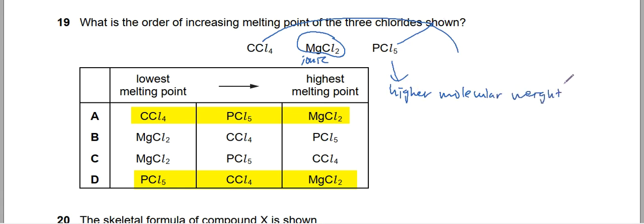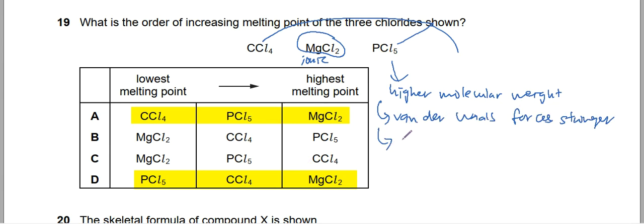So the van der Waals forces are stronger, so it will have a higher melting point, because the molecules are more strongly attracted to each other, so the answer is A.